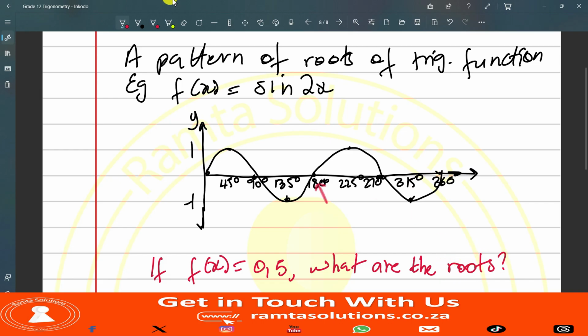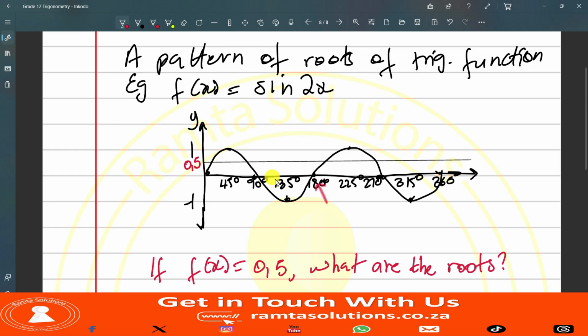What are the roots? So let's take this guy here and say this is 0,5. We do not know what these values are, but what I can tell you is this: sine 2x equals 0,5.